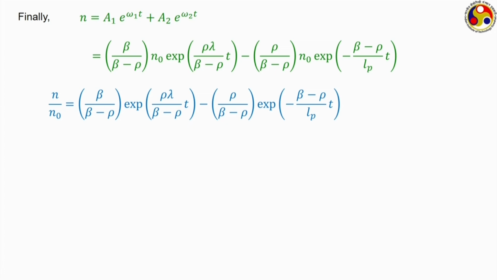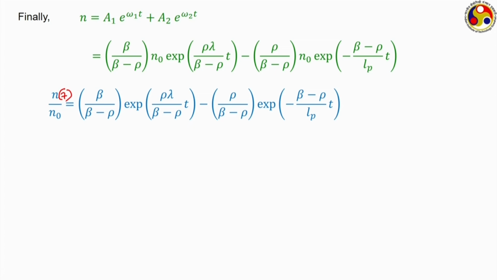Now, this is the final expression, the final solution that we were looking to find through this entire exercise, that is the expression for n as a function of time and its relation with n naught.